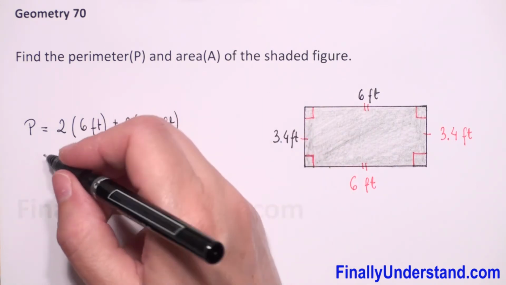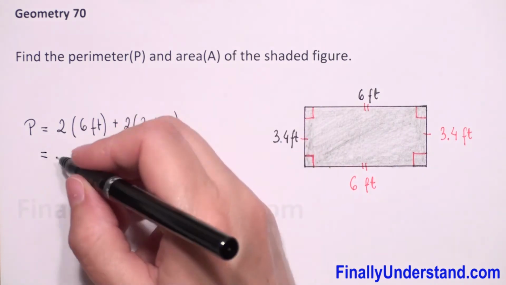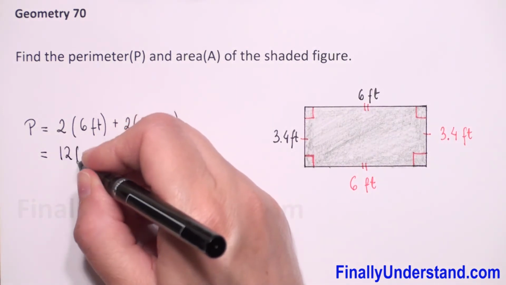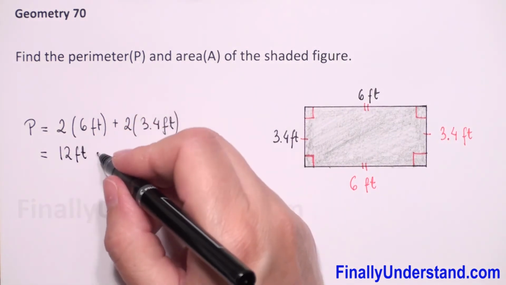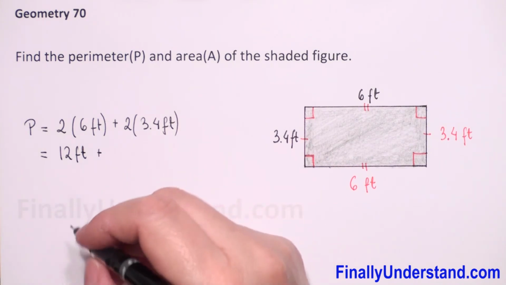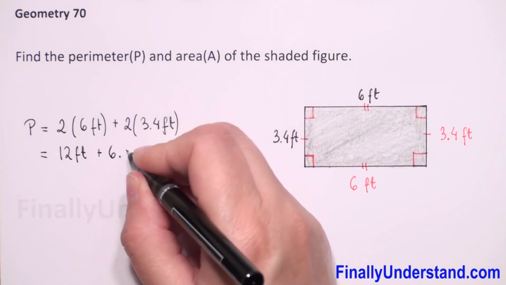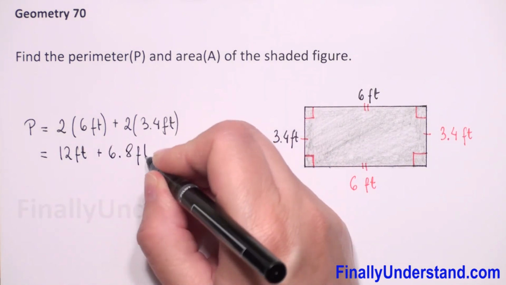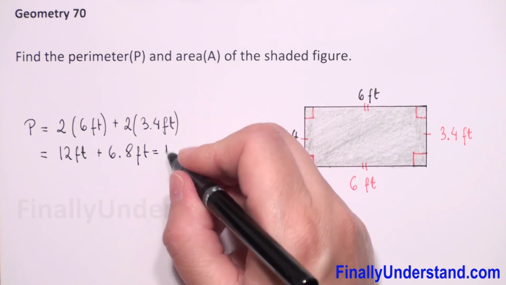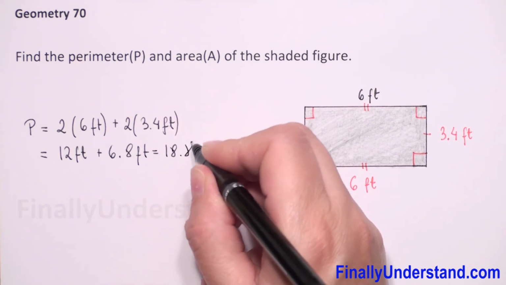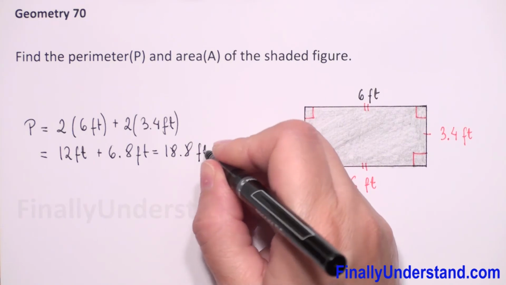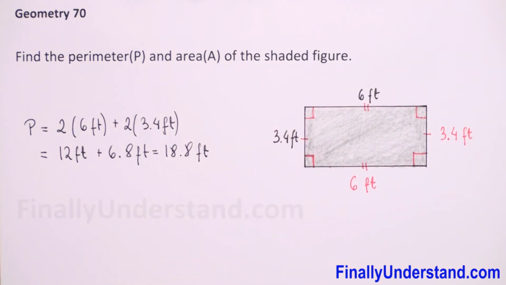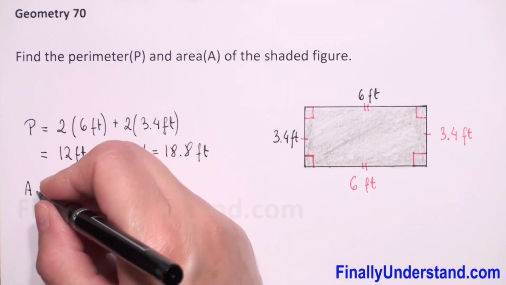So our perimeter is equal to 2 times 6 is 12 feet and 2 times 3.4 is 6.8 feet. So this is equal to 18.8 feet.